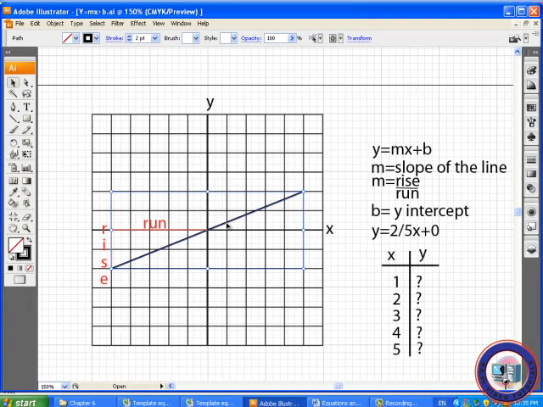If I took this and moved it down, the slope would be exactly the same, but the y-intercept would be 1, 2, 3, negative. So negative 3. So instead, if I left this here, the formula would be y is equal to 2/5 x minus 3. But we're going to put it back to where it was.